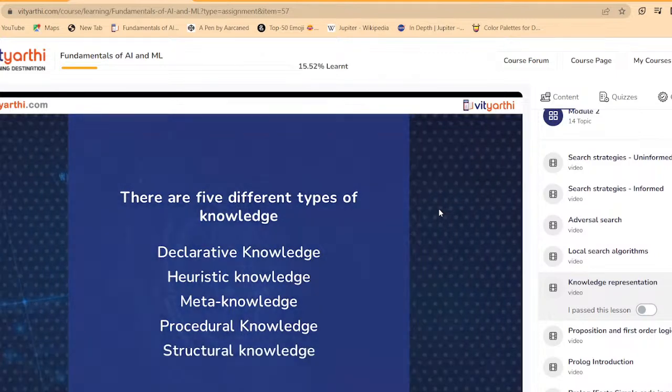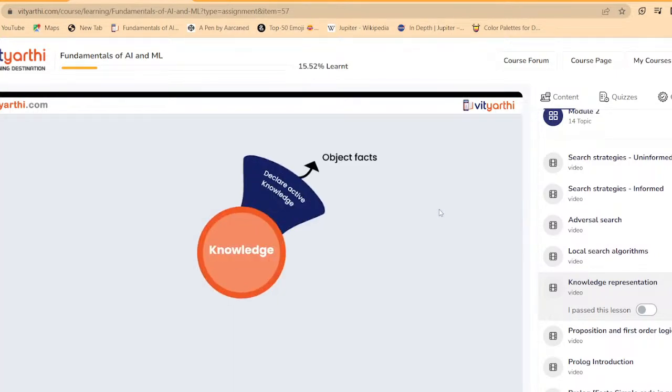Declarative knowledge is knowing about something. It includes concepts, facts, and objects. It is also called descriptive knowledge and is expressed in declarative sentences. It is simpler than procedural knowledge.